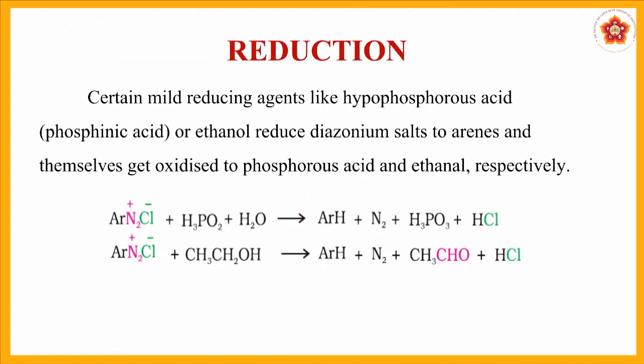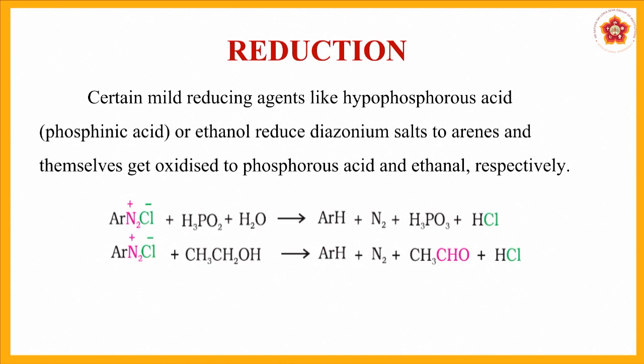Similar to all these reactions where there was introduction of chloro, bromo, iodo, cyano and fluoro groups, basically all the halogens and the cyano group, we can also introduce a hydrogen atom at the place where the nitrogen gas and the Cl- can be released. So, an important aspect here is hypophosphorus acid, which is H3PO2.